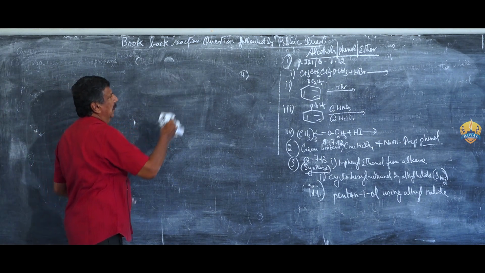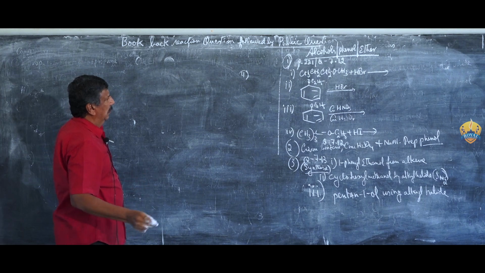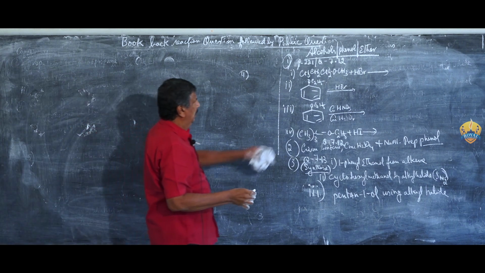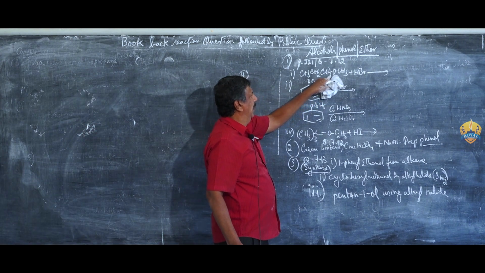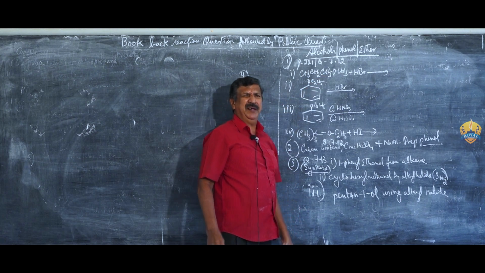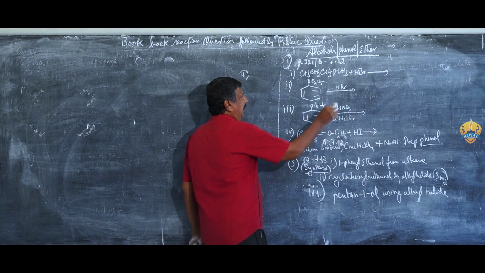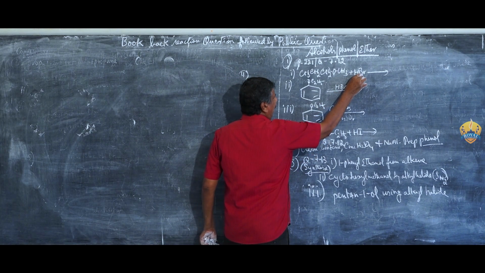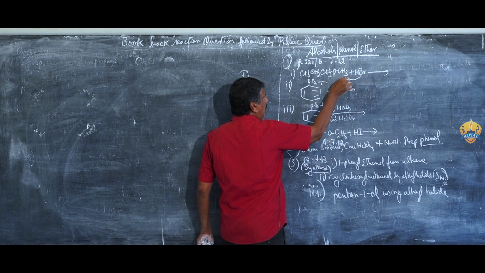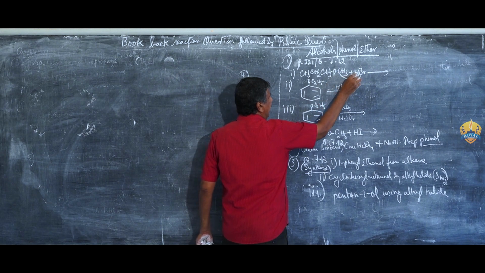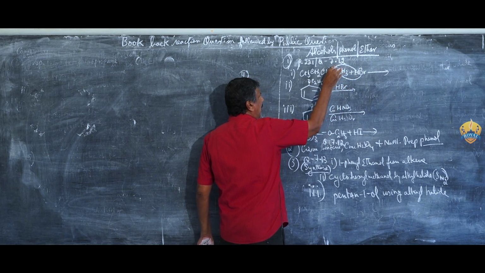First question. Using this one, you treat with HBr. This is an ether. What is the concept here? The halide will join to the smaller group and H will join to the larger group.